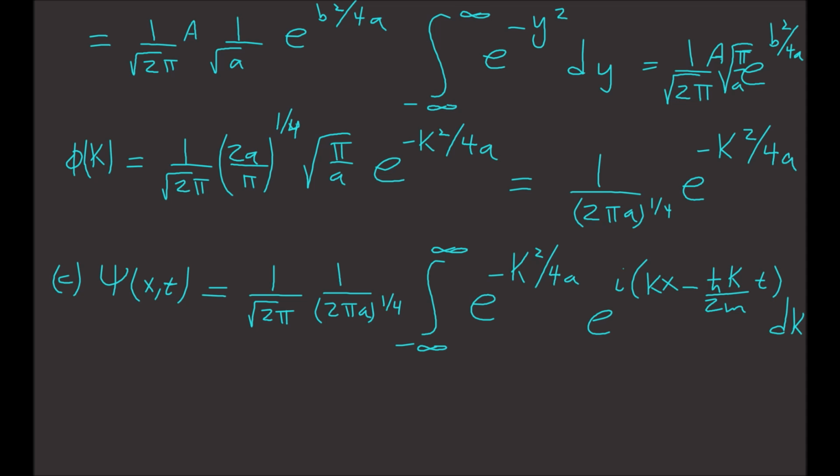Does this look familiar here? So here we have k squared and k, so these are 3 terms, right?